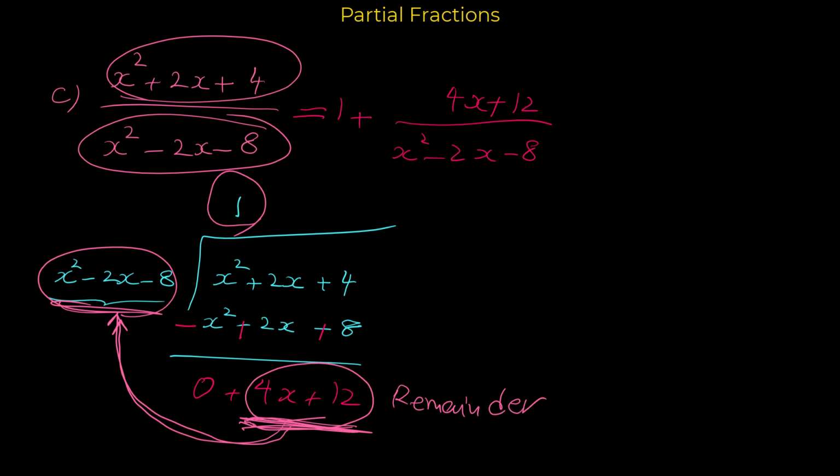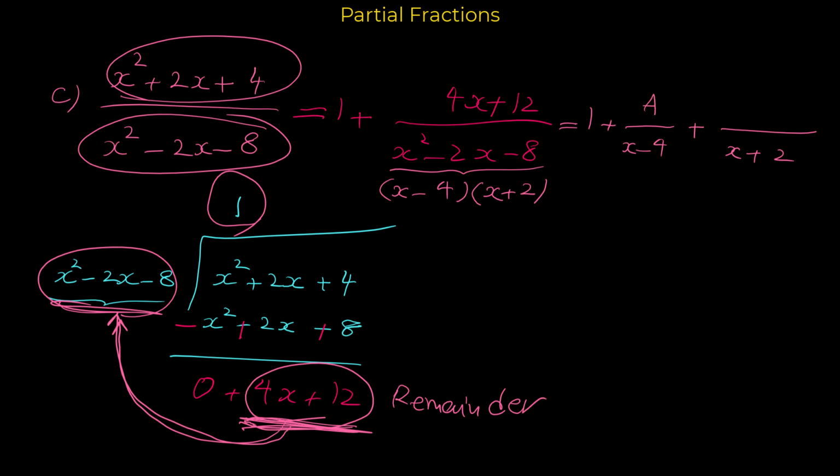Now we can continue and write the partial fraction decomposition form for this, and it would be in this form. Attention, this denominator can be factored as x minus 4 times x plus 2, and so we have x minus 4 as the denominator of one fraction and x plus 2 as the denominator of the other fraction, and in the numerator we put A and B. Don't forget to put this 1 in your answer.